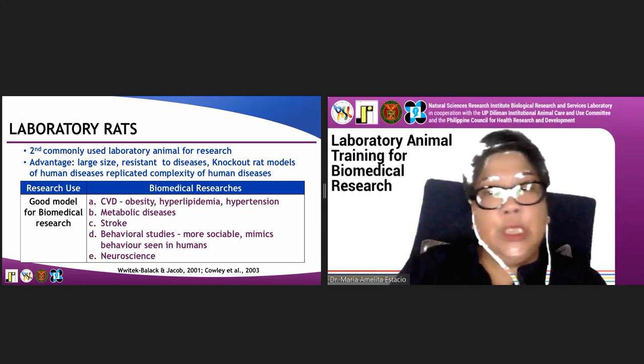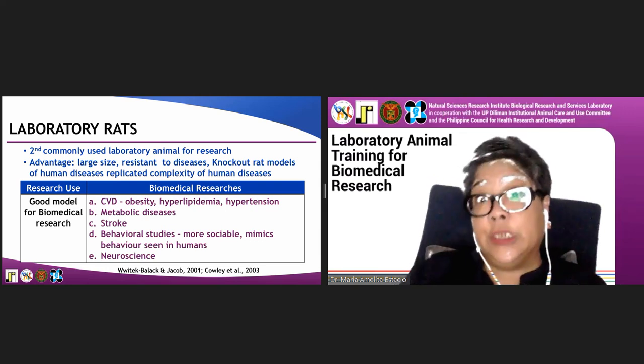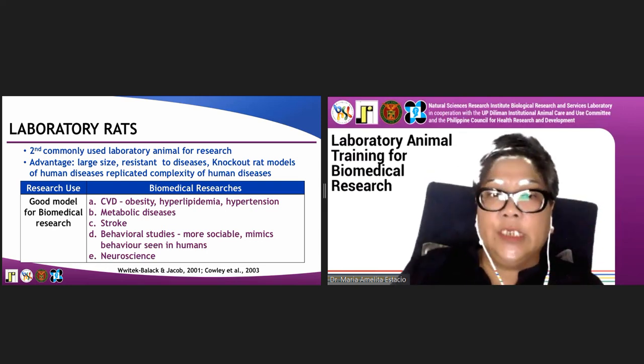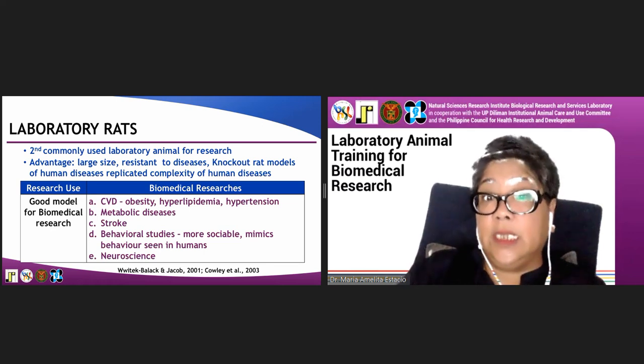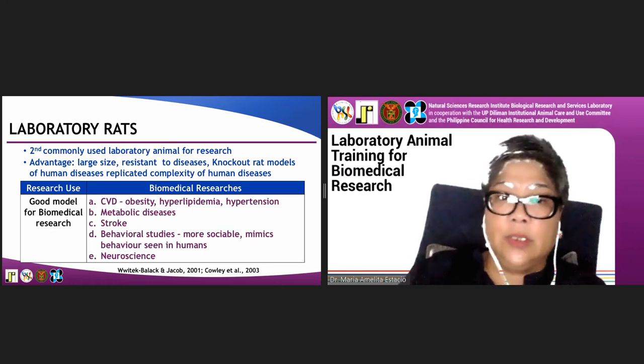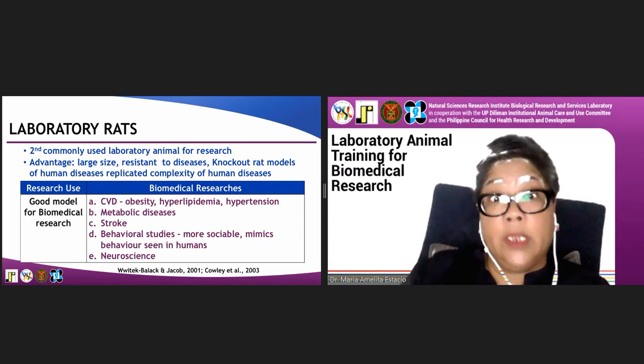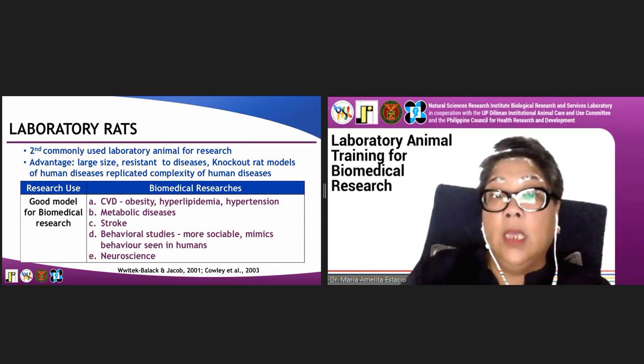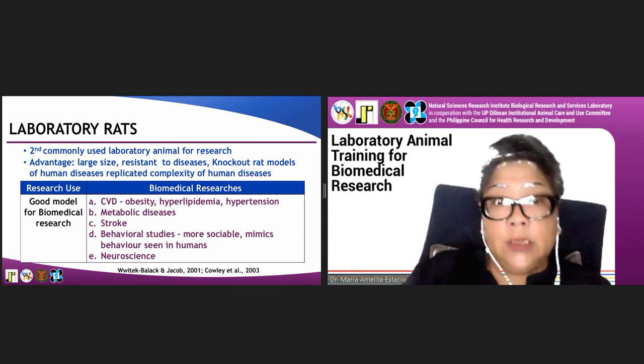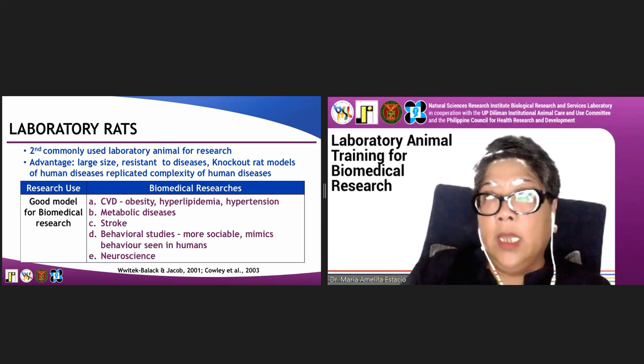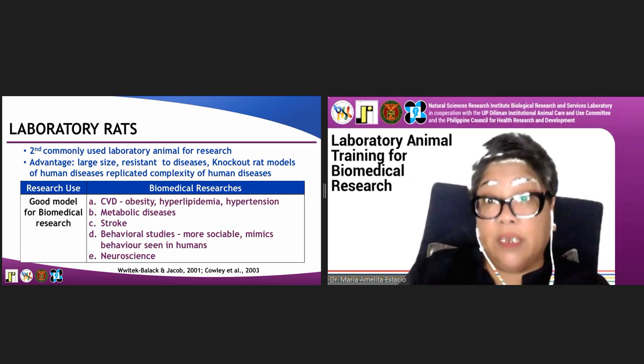We're also using it for our hypertension studies. This is also a very good model for metabolic diseases, including diabetes mellitus. We're also using the laboratory rats for our stroke or ischemia models together with the Department of Neuroscience of the Philippine General Hospital.